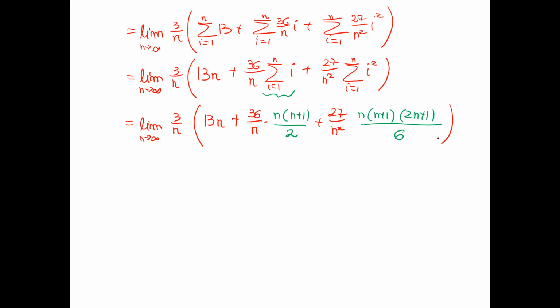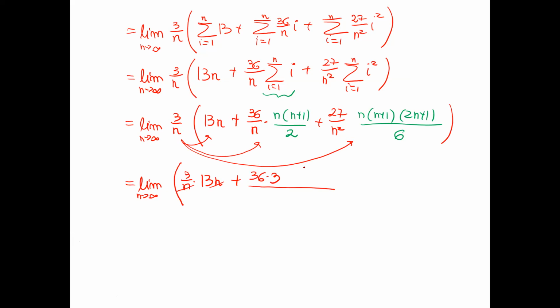What we can do, let's distribute 3 over n, because we need the proper form. This will be 3 over n times 13n, the n's are cancelled. This will be 36 times 3, because it's 3 over n, and n squared. It was 3 over n, and that's 36, okay?